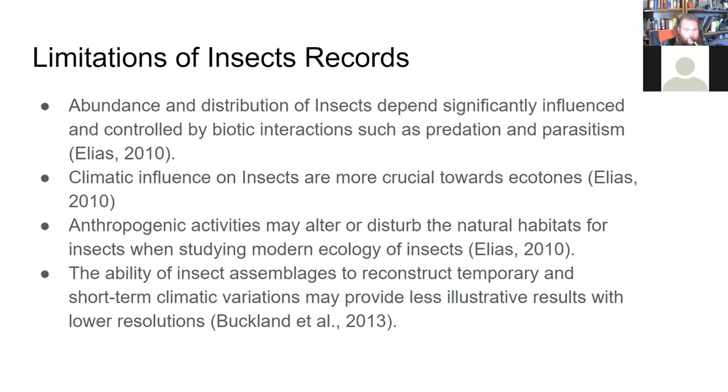And some of the climatic influence on insects is more crucial toward ecotones, that is basically the edge of different ecosystems. So the area of study may be limited, and anthropogenic activities may alter or disturb natural habitats for insects when studying the modern ecology of insects. That's not quite a problem for paleoentomology, but some of the disturbance may happen when you study the late Holocene.